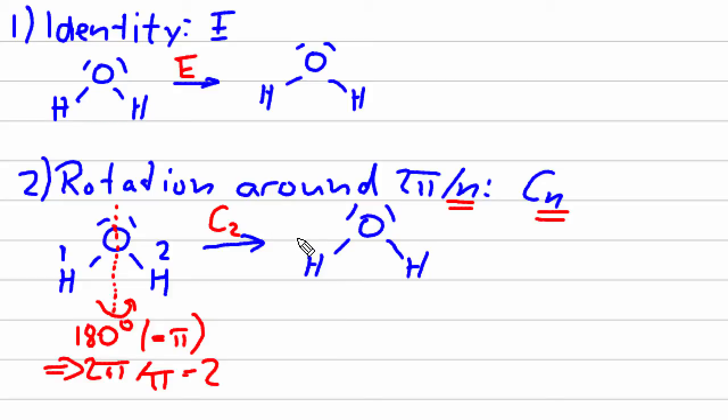Now a 180 degree rotation gives us H2 here and H1 here, meaning that the C2 symmetry operation gives us exactly the same molecule that went into this experiment, and the indices are just to show you what we actually did. But in reality, these two hydrogen atoms are exactly the same.